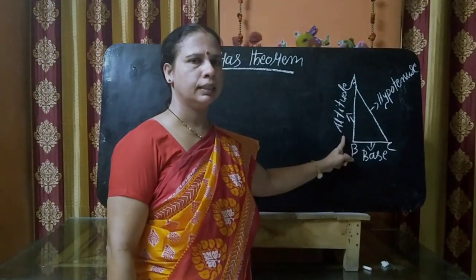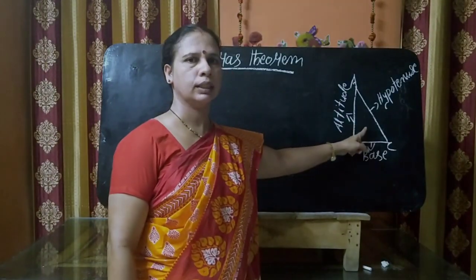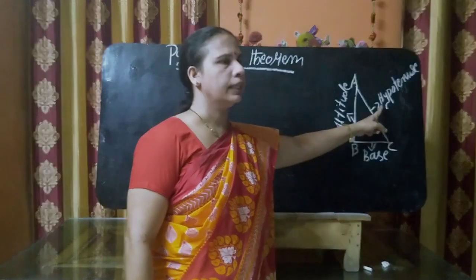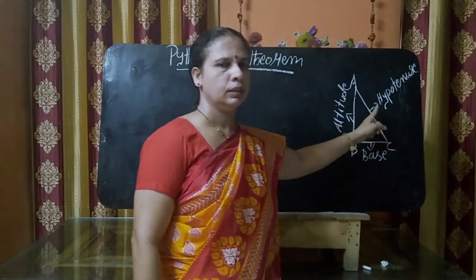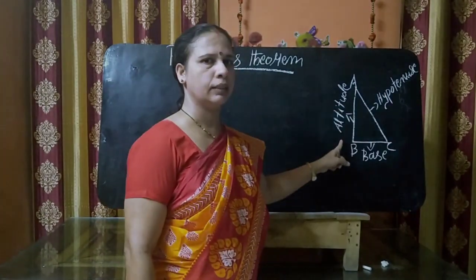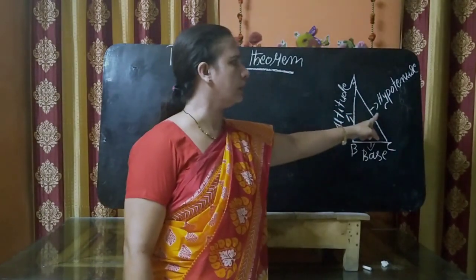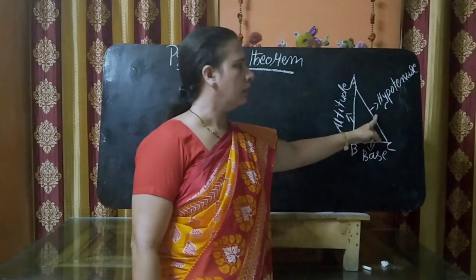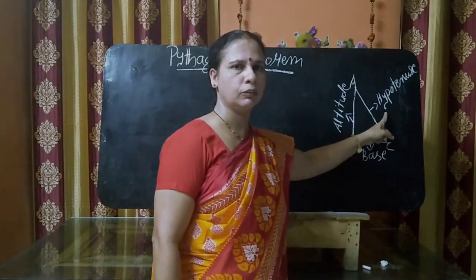In a right angle triangle, which is the longest side? Longest side is hypotenuse. According to Pythagoras theorem, if two sides are given, how will we find out the other side? Here hypotenuse we have to find out.